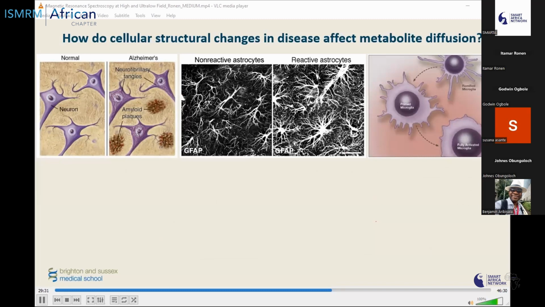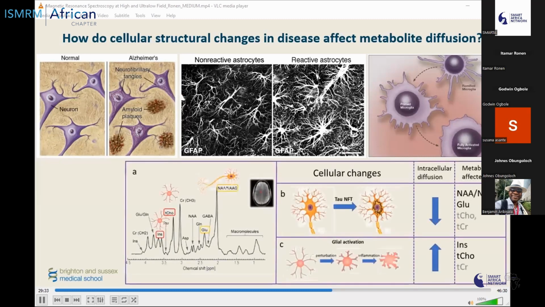And if we try to think about the hypothesis of what will happen to the diffusion properties of metabolites inside those cells in disease, then for example, going from a healthy cell to a tau-filled cell in Alzheimer's disease, one may hypothesize that the diffusion of N-acetyl aspartate or glutamate, which are all predominantly found in neurons, will be disturbed or hindered by the presence of tau, and that the apparent diffusion coefficient or the diffusivity of those molecules will go down.